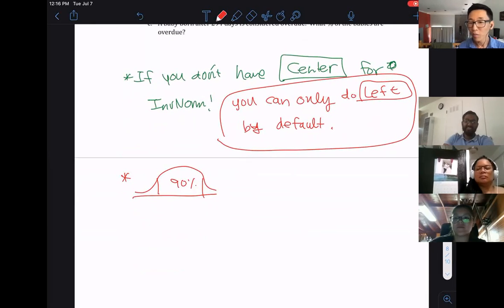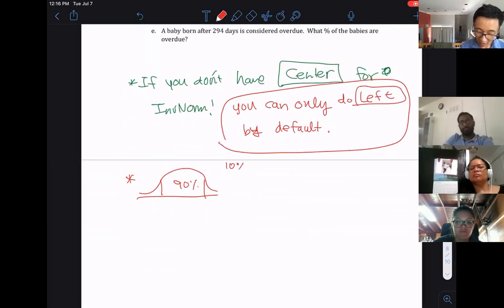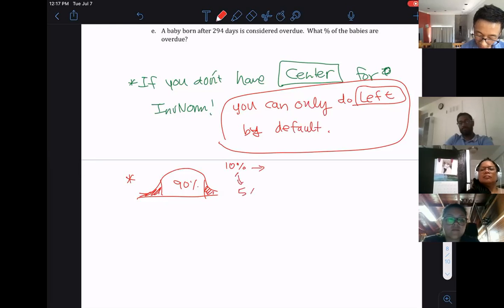I just do one more calculation. If I have 90% in the middle, I have 10% left over, because everything has to add up to 100%. That means 10% is in both tails, so each tail gets 5%. You see that? Okay.